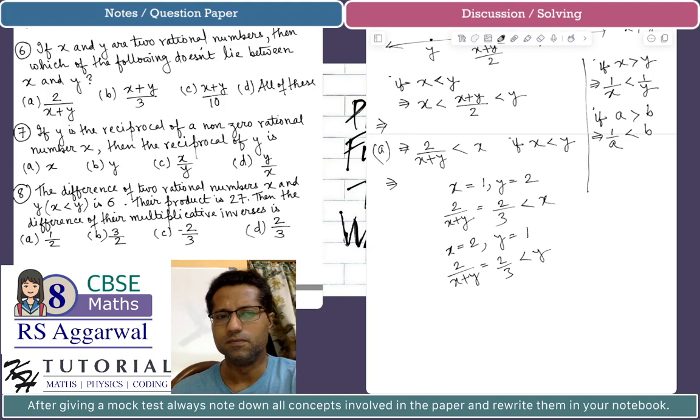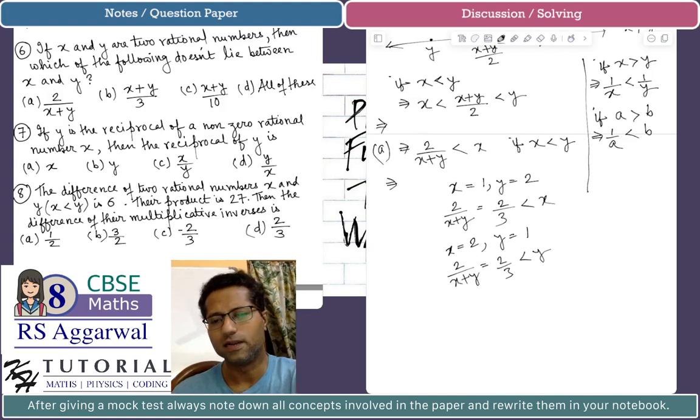For this kind of problem, you assume any values of x and y. Since it is given that x and y are two rational numbers, and no other specific information is given about whether they are positive or negative, you can choose any random values which will be easier for you to do the calculation and see which choices work or not.